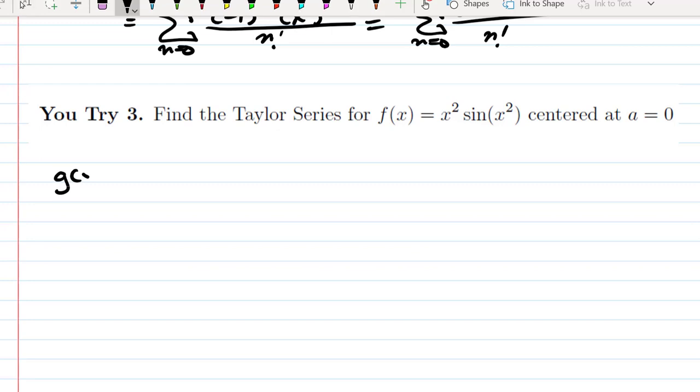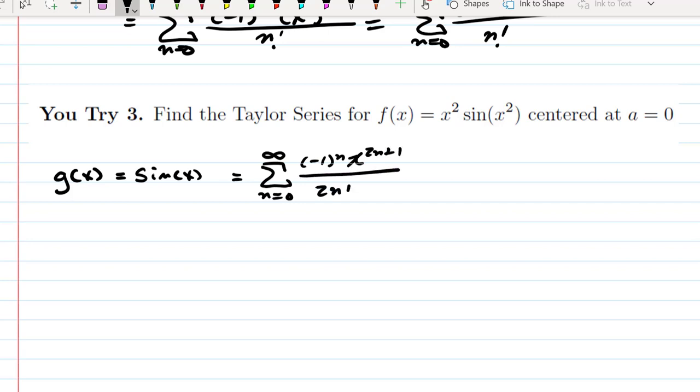So let's start with g of x being sine x, and we know that the Taylor series centered at 0 for sine x is negative 1 to the n x to the 2n plus 1 all over 2n plus 1 factorial.